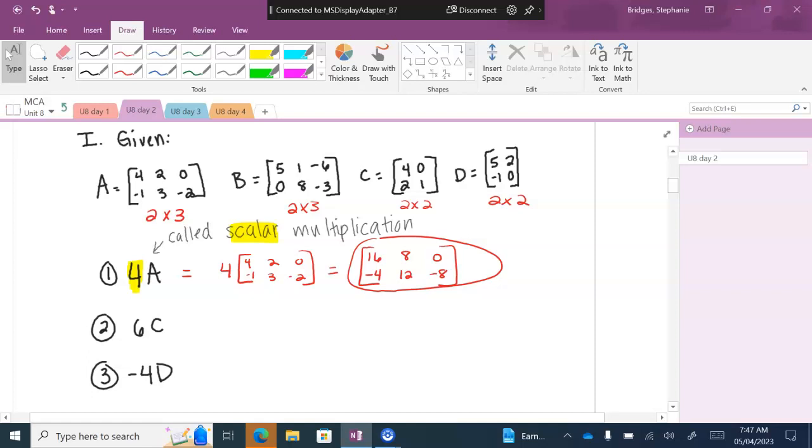And you don't have to write it all the way out like I did with question number 1. I was just showing you what I was doing. If you just want to write the answer, that's perfectly fine.